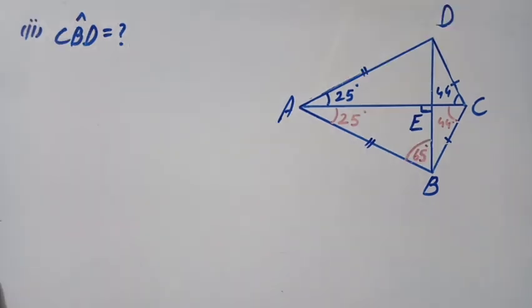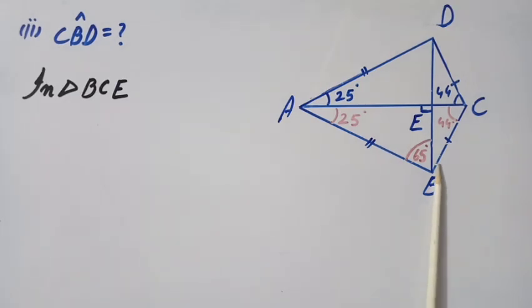Now in the second part we have to find out angle CBD. At the point B, this much angle we have to find out, the angle CBD, right? So to find out this angle CBD, we will consider the triangle BCE. So in the triangle, we will sum up all the internal angles of this triangle BCE.